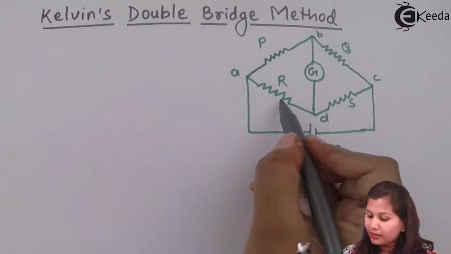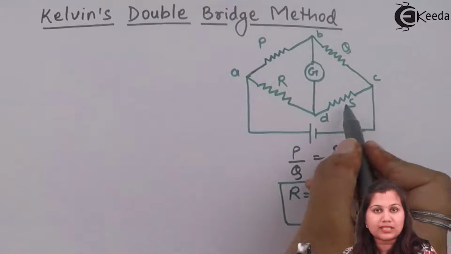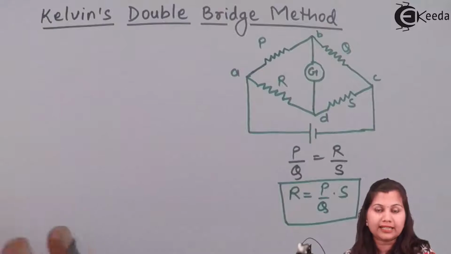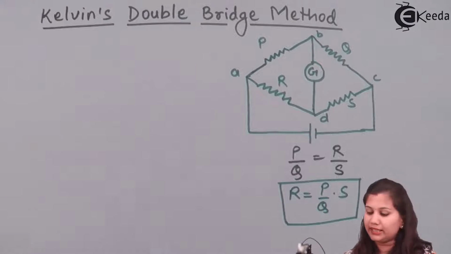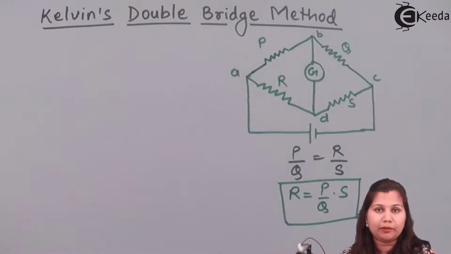The unknown resistance is connected to the standard resistance through connecting leads, and that connecting lead will also have some resistance. If we want to measure the resistance of that connecting lead, we can use the Kelvin double bridge, because the resistance of the connecting lead will be very small.